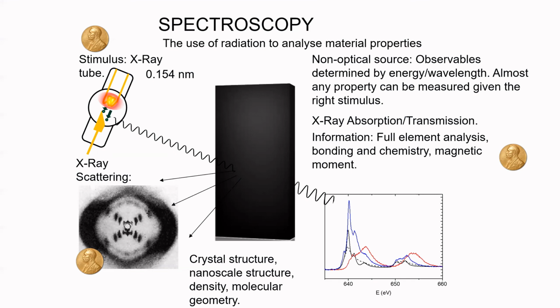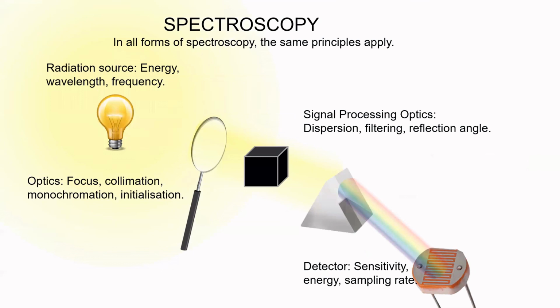And if you play some tricks with how you generate the X-rays, you can get information about the magnetic structure in the material as well. So you're starting to get a very detailed picture of what's going on in this material just by switching from an optical stimulus to an X-ray stimulus. And again, you can do the same for other non-optical sources.